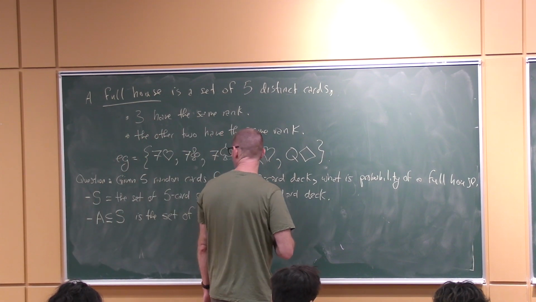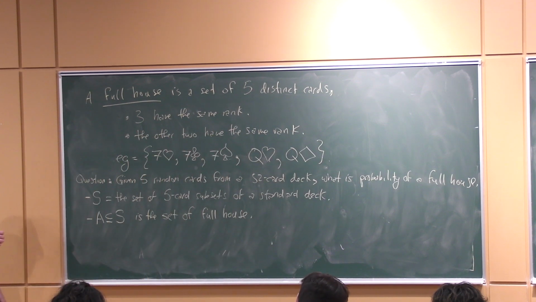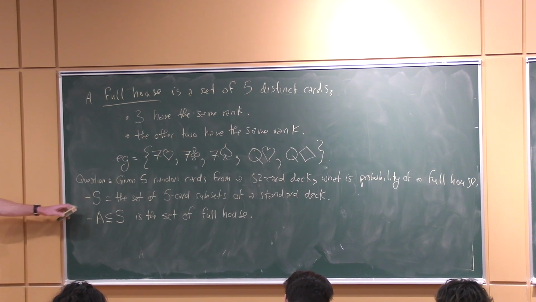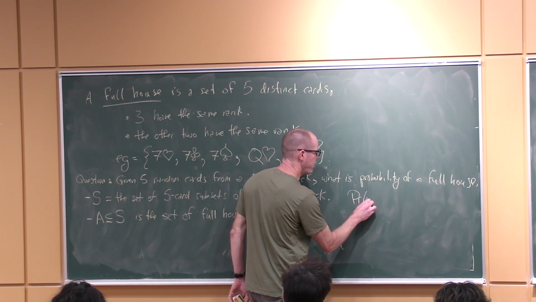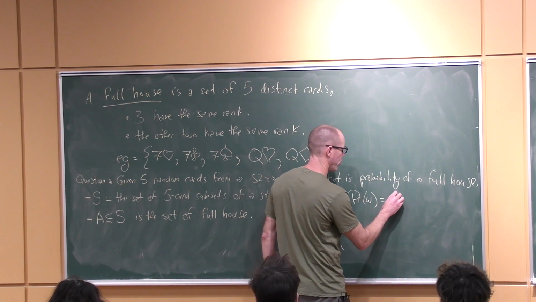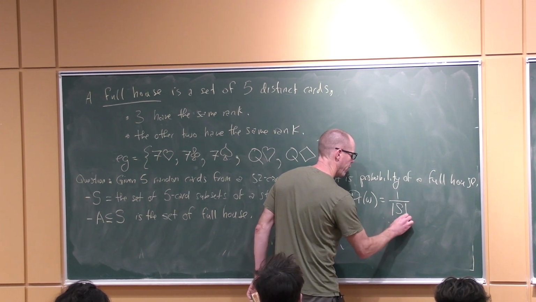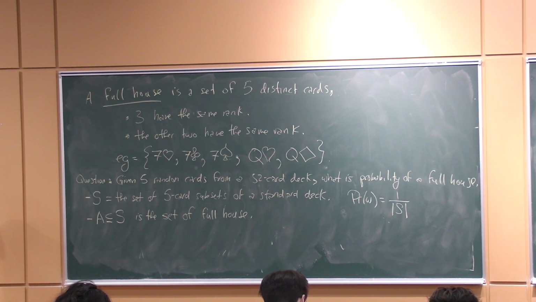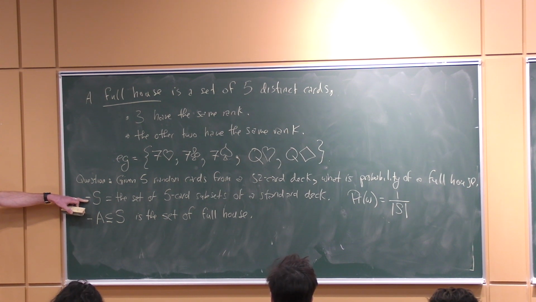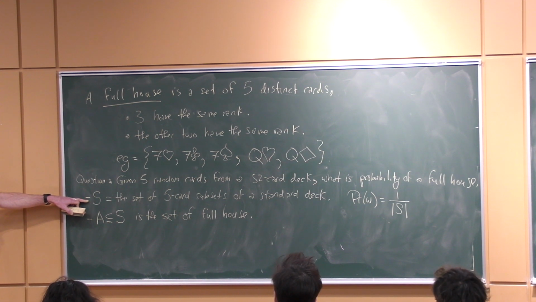So somehow we're going to say that the probability of any particular hand is equal to 1 divided by the number of possible hands. All right. So for that, we need to know the size of S. How many 5 card subsets of a 52 card set are there?